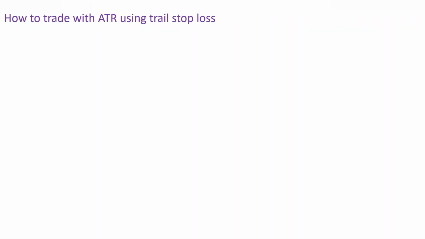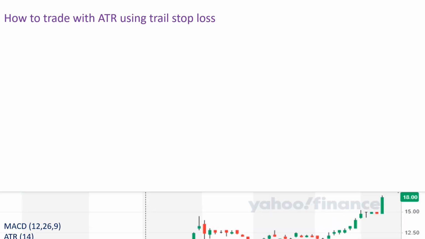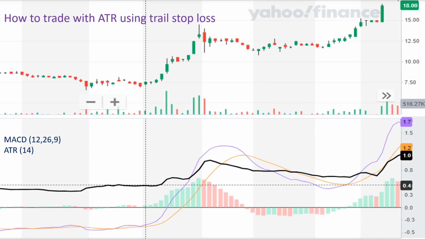How to trade with ATR using a trailing stop loss. This is the price trend, Bombardier stock, D1 time frame, Yahoo Finance. I installed the MACD indicator with 12, 26, 9 parameters, and that is the indicator. The blue line is the MACD line, and the orange line is the signal line. Also I installed ATR with a 14 days period, and these are the ATR curves.